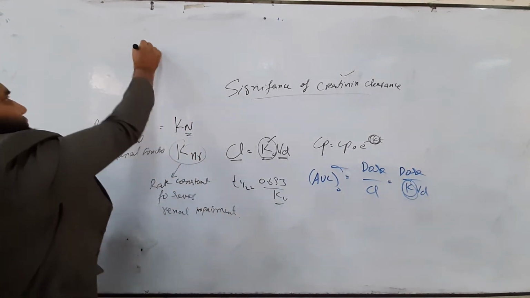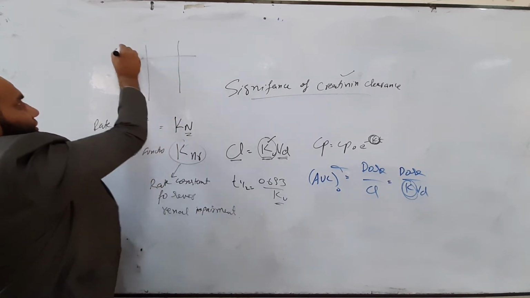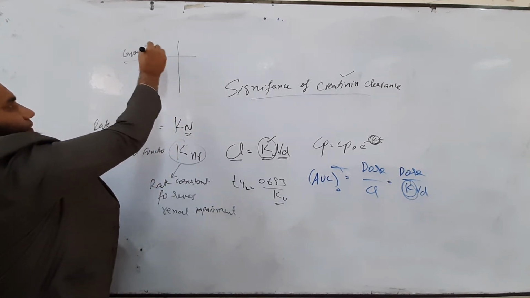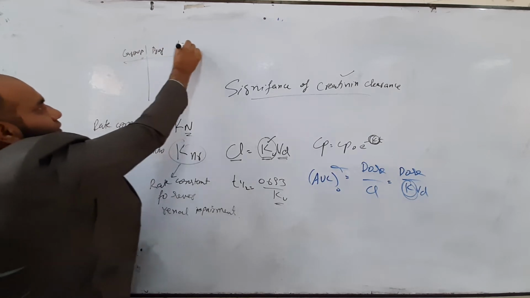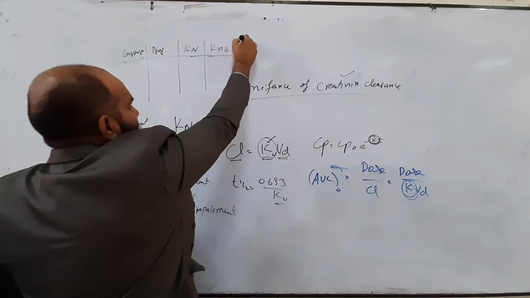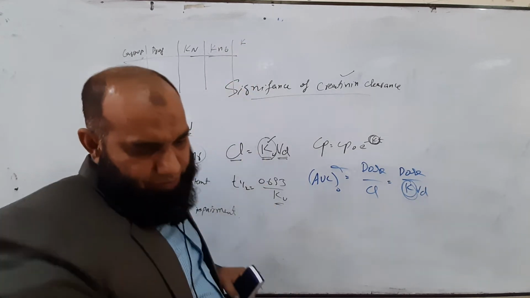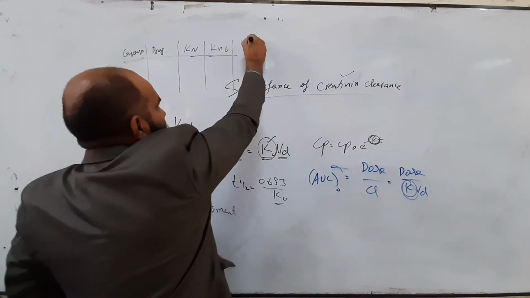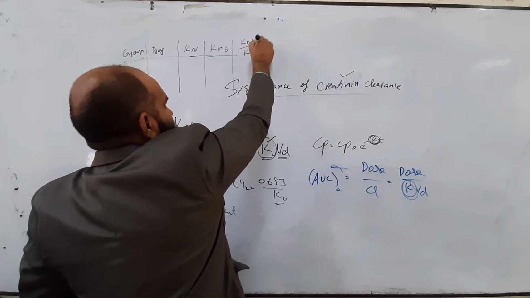For example, a group has the name of the drug, Kn value, Knr value, and Kn divided by Knr into 100.